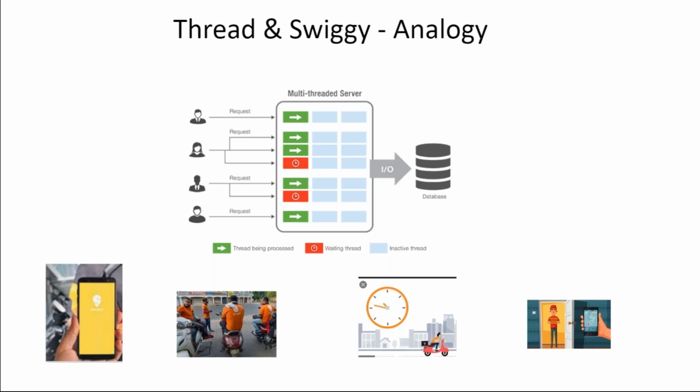So normally Swiggy or Zomato will employ more people in the busy hours, and in the non-busy hours there will be only 2 or 3. They know the fluctuation of demand. Accordingly, they will employ more people in the evening, maybe fewer people in the afternoon.